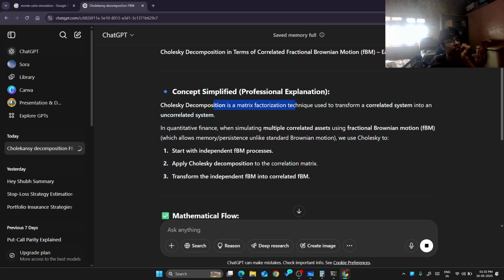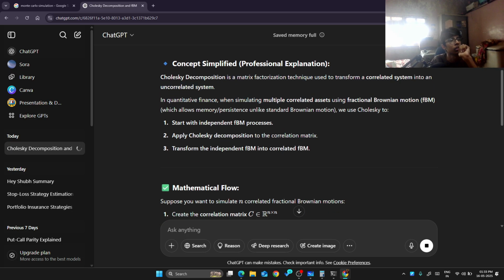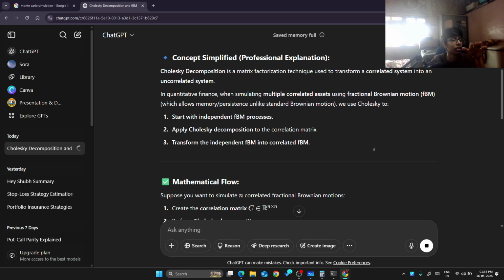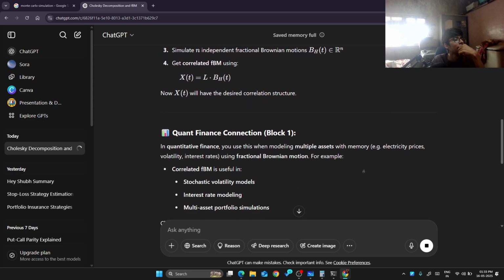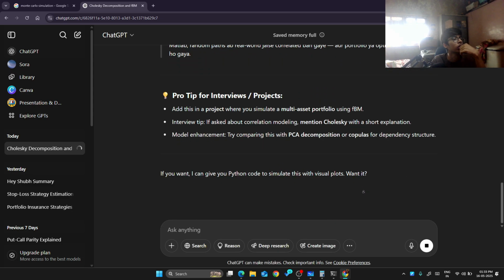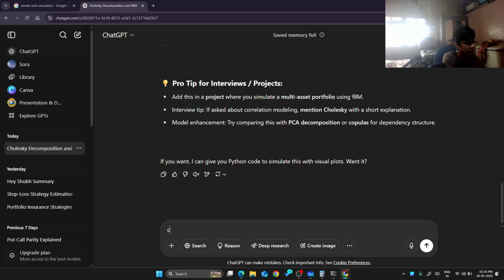It is a matrix factorization technique used to transform a correlated system into uncorrelated assets. That's simple. But I want to say Cholesky matrix.